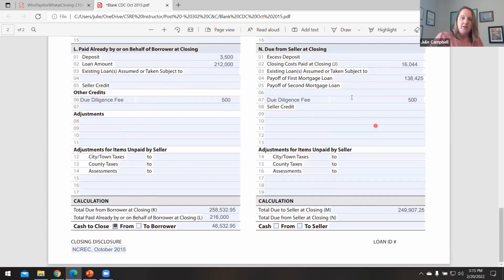And then all of their debits due from the seller, including what we did in J, what we did on page 1. So all their debits, 16,044 plus 138. Add up all of their debits.